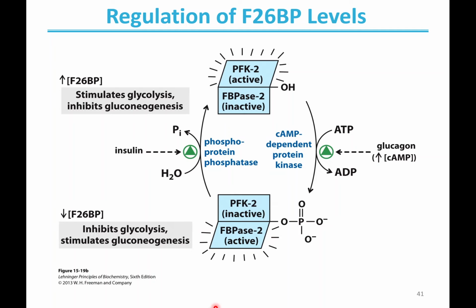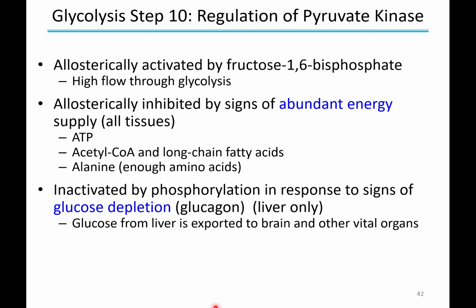So this is a cool way where one enzyme complex can control two pathways, glycolysis and gluconeogenesis. I think that's one of the most important points when regulating these pathways. Step 3 of glycolysis is very important to remember, and the activity of fructose 2,6-bisphosphate on both pathways is important to know.